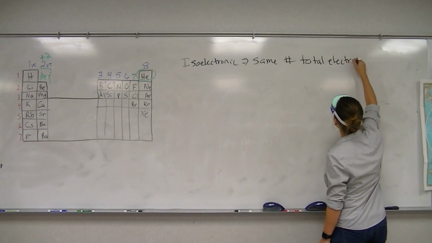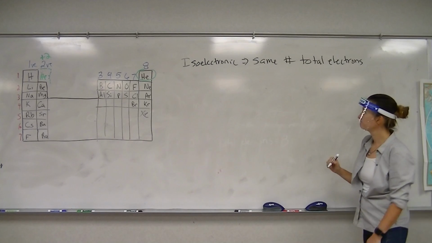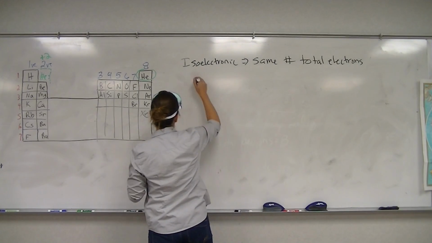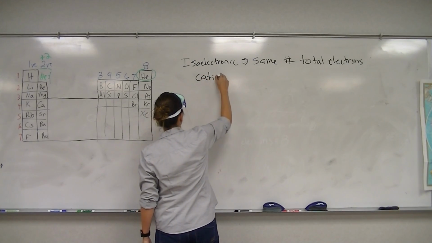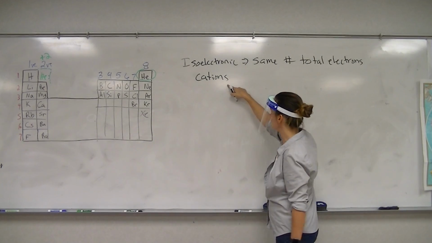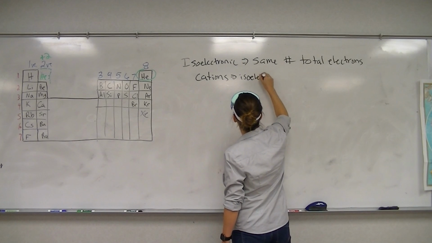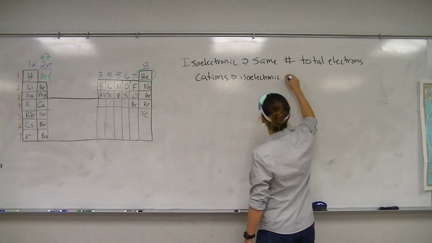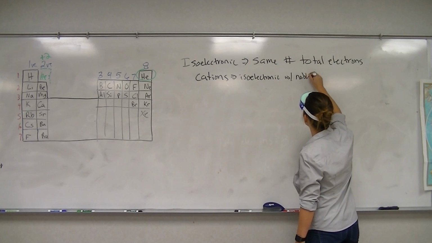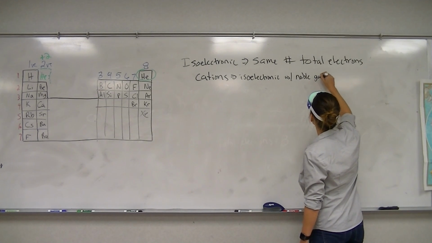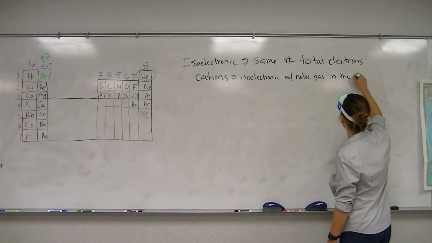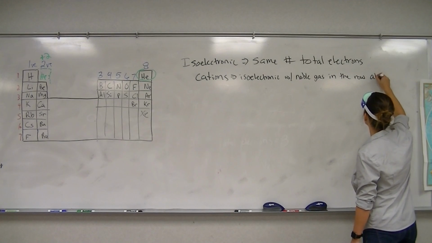So what this means is their electron configurations are going to match. For cations, so positive ions, they are isoelectronic with the noble gas in the row above. We'll look at an example of this here in a second.